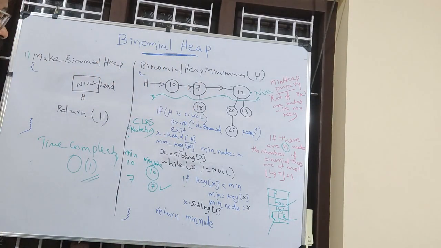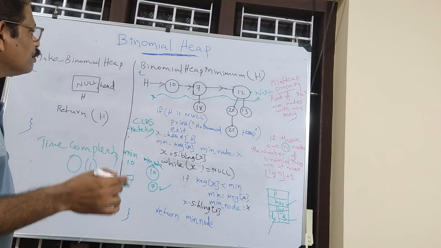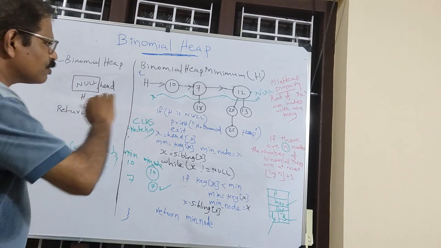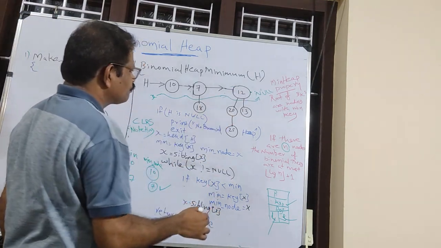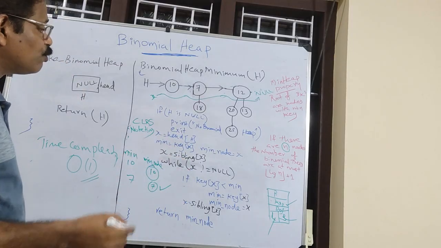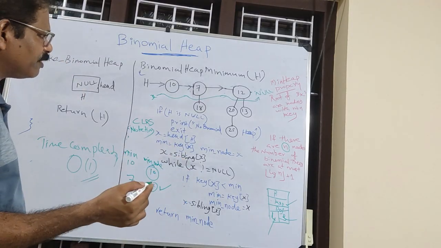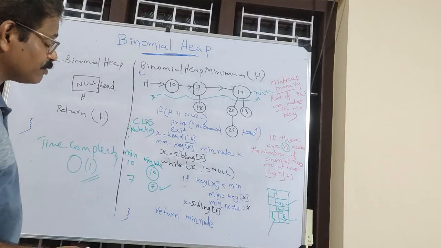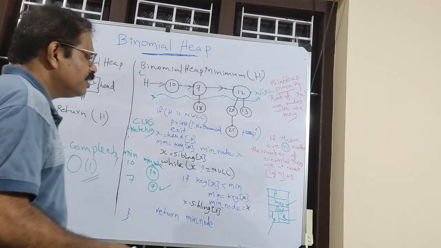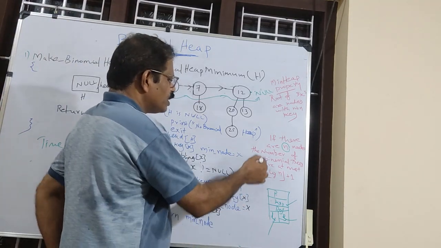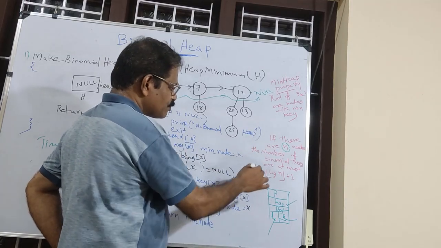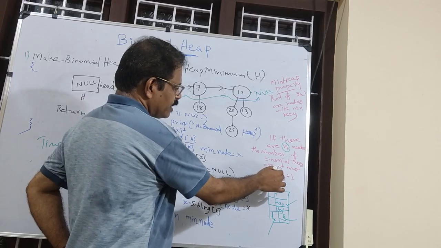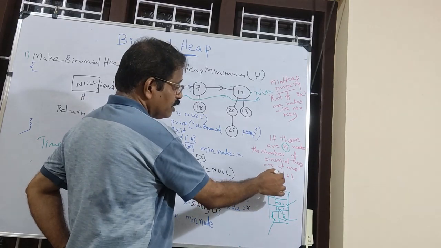The next question is, what is the time complexity of this algorithm? Here we have to traverse all the roots of all binomial trees. The question is, how many binomial trees will be there in this binomial heap? Its answer is, if there are n nodes, the number of binomial trees is at most floor of log n plus 1.